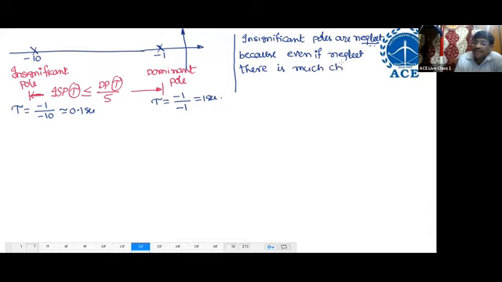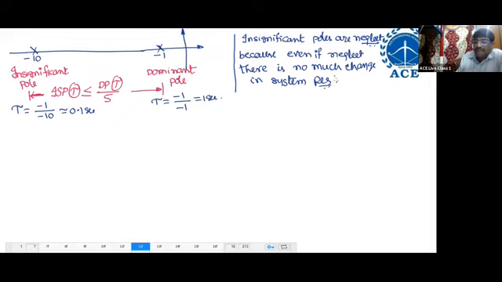A slight change will be there, but a very insignificant effect. That's why we can neglect insignificant poles, so that the analysis becomes very easy. Neglecting insignificant poles reduces the order, which means the analysis becomes very easy.